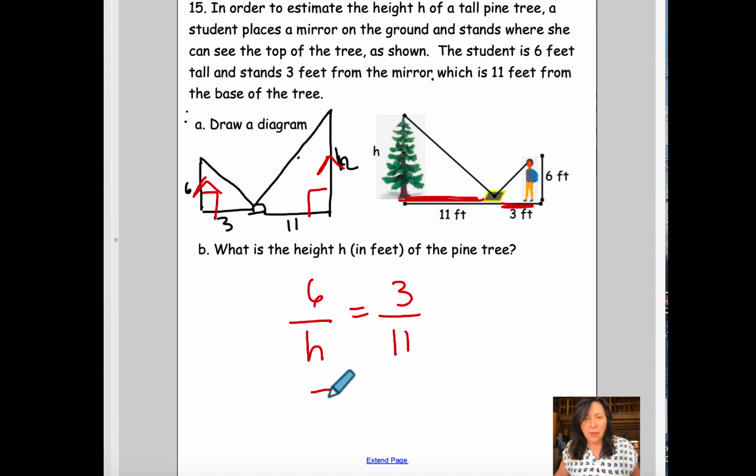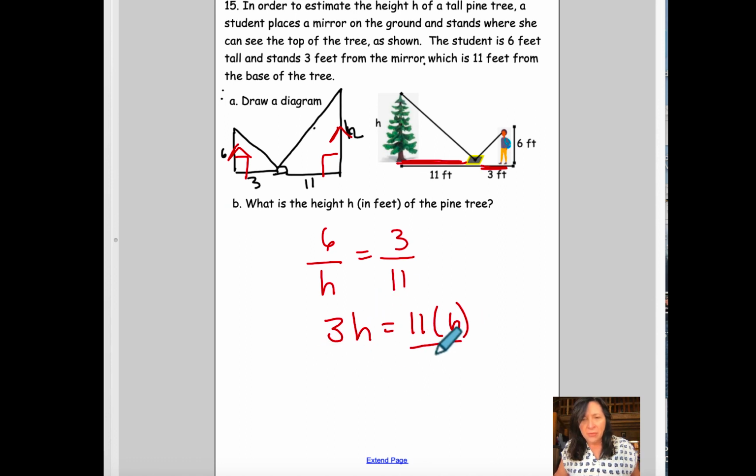We're going to cross multiply. We get 3H is equal to 11 times 6. And I'm going to divide by 3 for my height. So I get my height equals, 3 divides into 6 twice, 11 times 2 is 22, and this is feet.